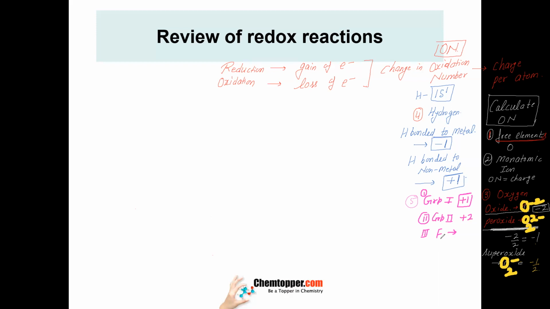Check the periodic table, check the position of fluorine. Fluorine is always, yes, Dhruv? Yes, it's -1. It's always -1. There is no other oxidation number for fluorine. So rule number 1, rule number 2, rule number 3, rule number 4, rule number 5.